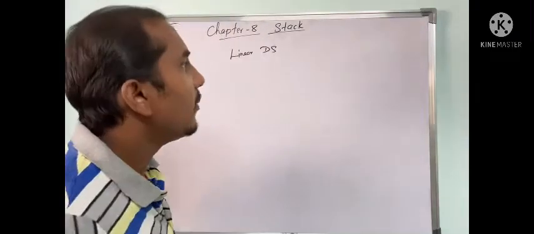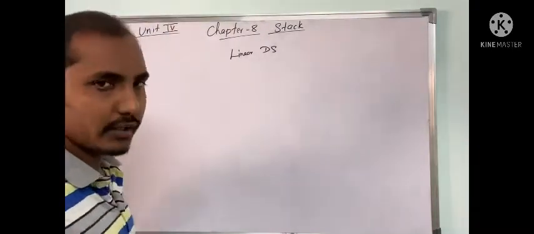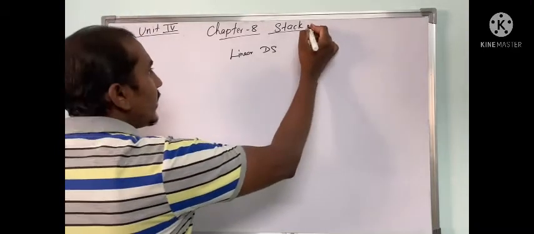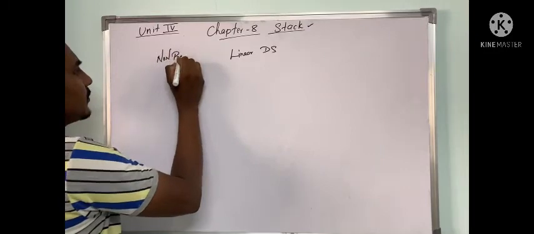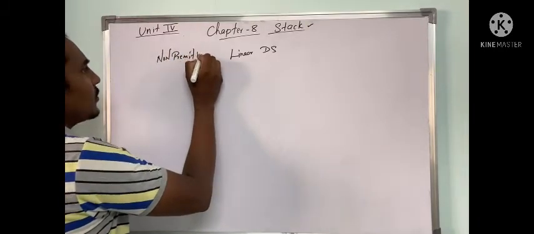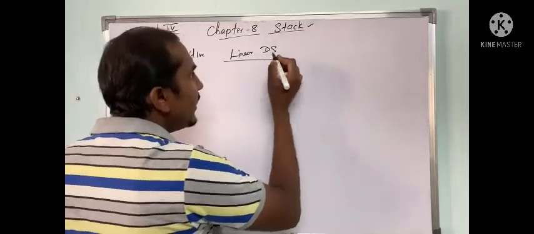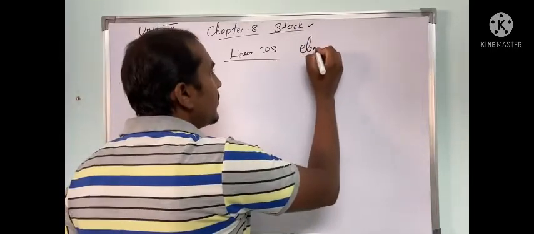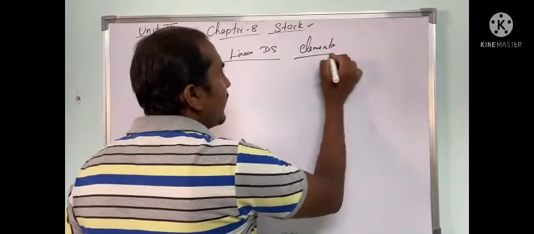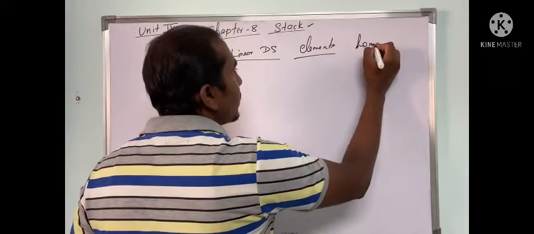Under non-primitive, we'll come across linear and non-linear. So stack is a non-primitive linear data structure where the elements you are going to store will be of homogeneous type.